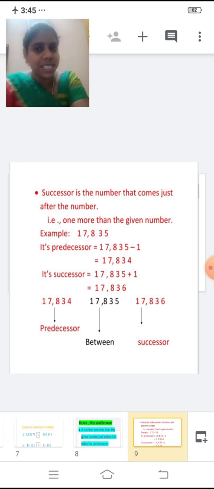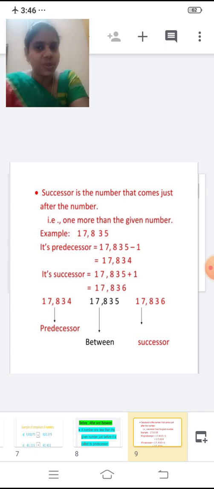Now we'll see what is the successor of the number. What do you mean by successor? One more than the given number, right? So you're going to add 1 to the number 17,835. Tell me the answer, children. Yes, 17,836.